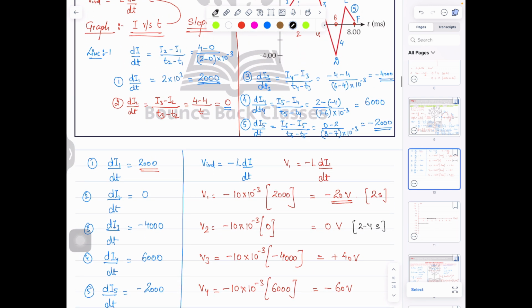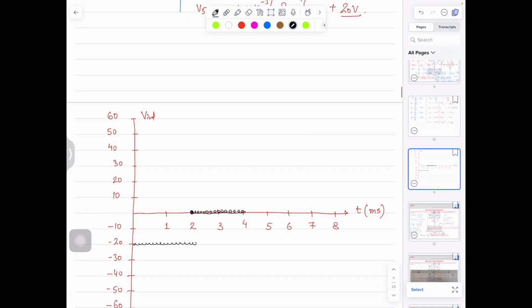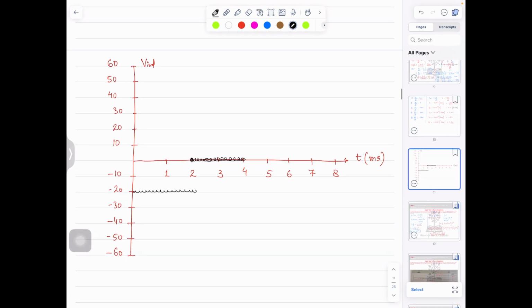And third graph starts from this value, 4 to 6. So 4 to 6. 4 and the value is, what is the value? 40. Just go here and till 6.